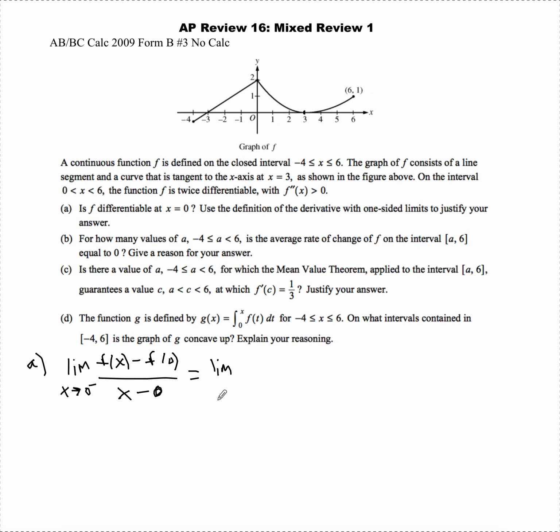Because really, for differentiability, all we need to do is check that the slope from the left and the slope from the right are not equal. That's what we actually are doing when we talk about something being a corner or a cusp. We're really talking about the slopes from the left and the right not being equal.